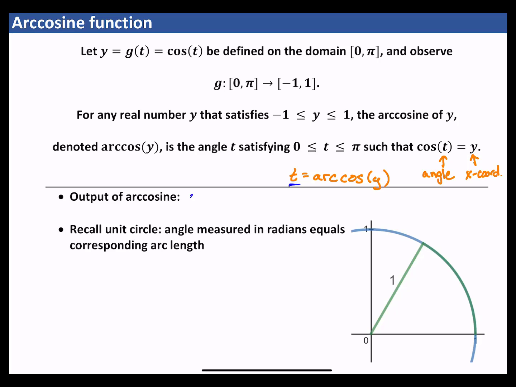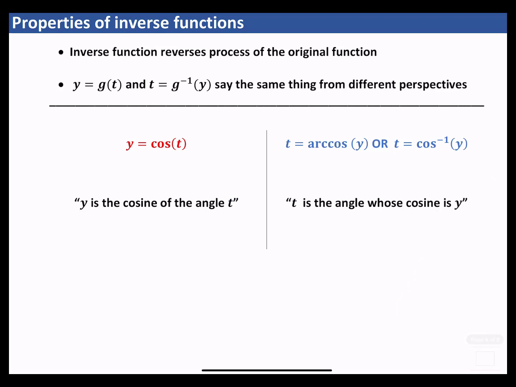Because the arccosine function is the inverse of the restricted cosine function, all the properties of inverse functions we previously learned will be true. For example, recall that an inverse function reverses the process of the original function, and that y equals g of t and t equals g inverse of y say the same thing from different perspectives.